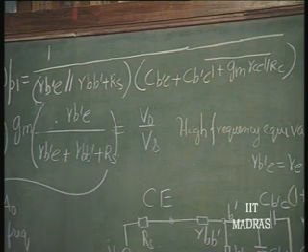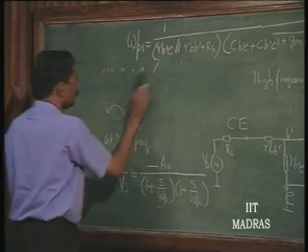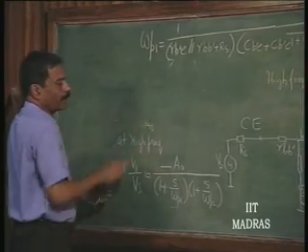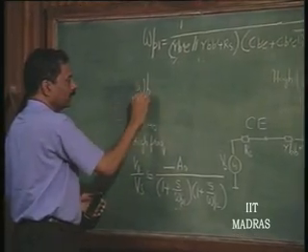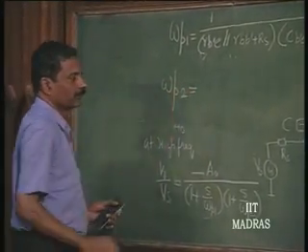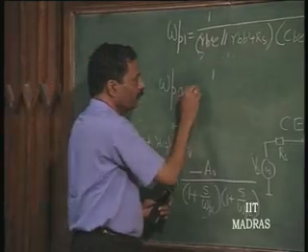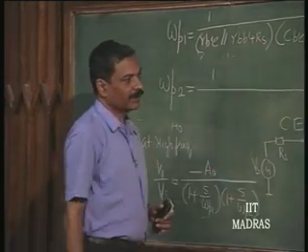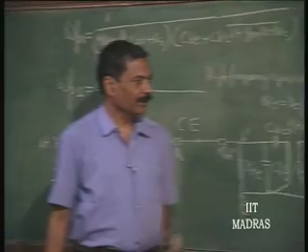So, as far as omega P 2 is concerned, this is going to be 1 over the time constant at the output. Let us see.